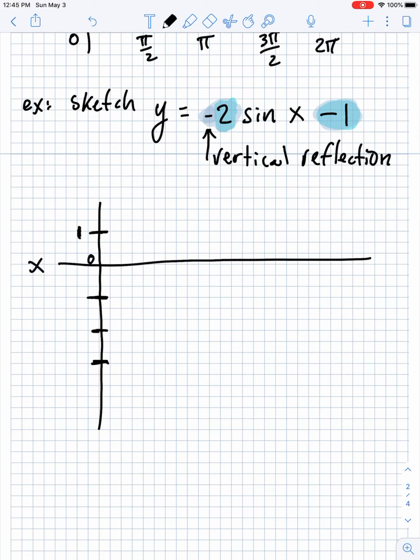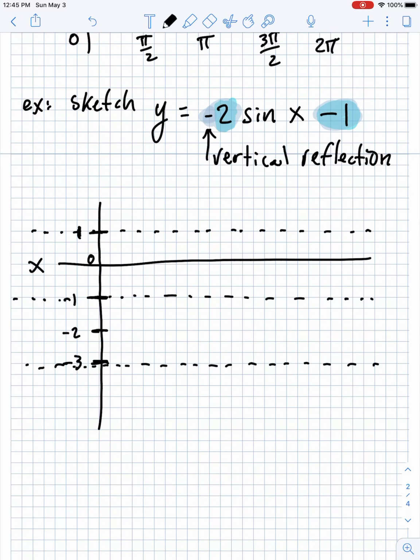So this is like 0, -1, -2, -3. I'm going to put my training wheels in on top. I know it can't get past that top line of +1. It can't get past this bottom line of -3. And it's going to oscillate around the center line of -1. Now, let's see.